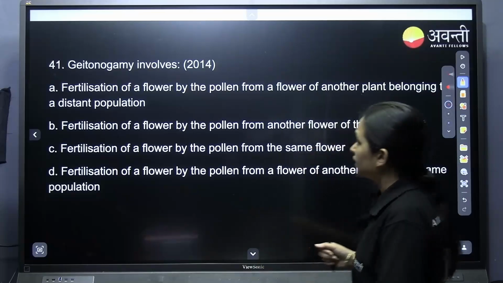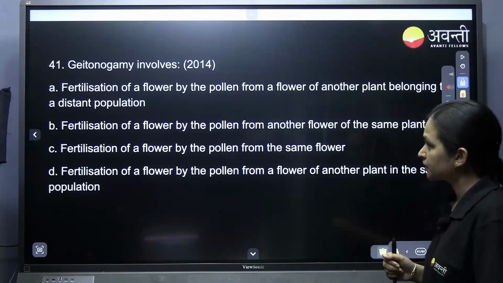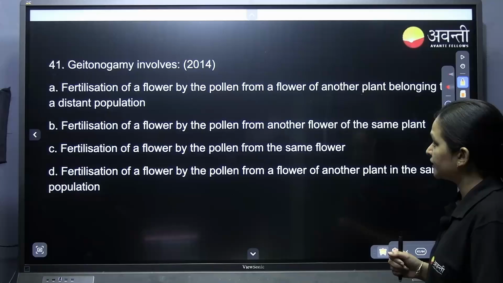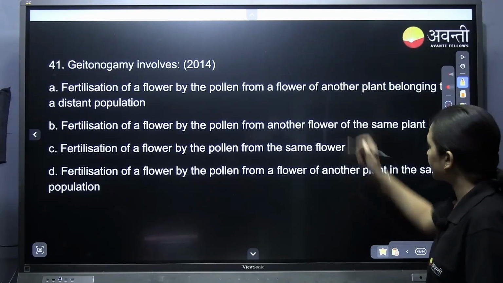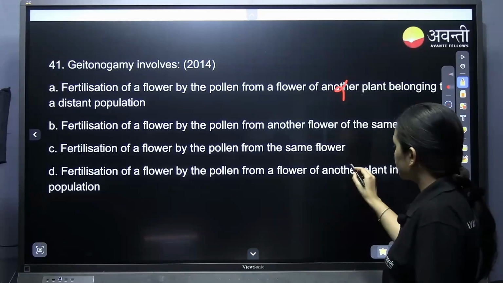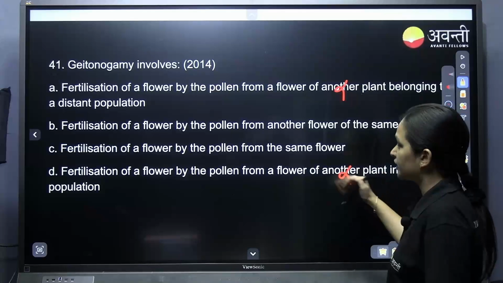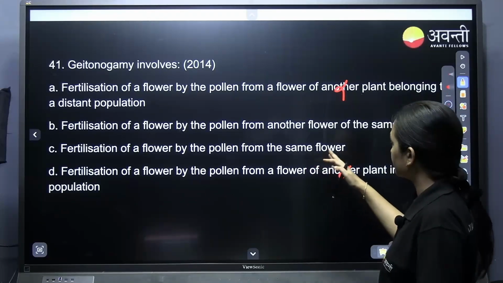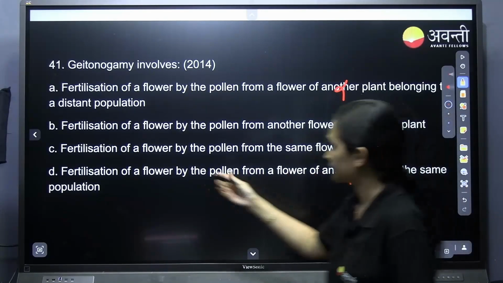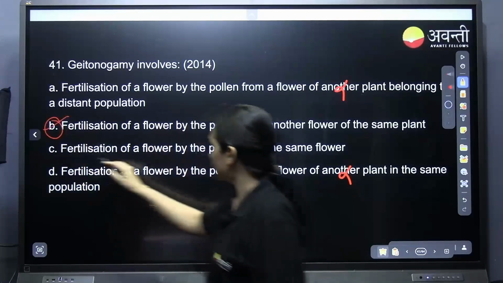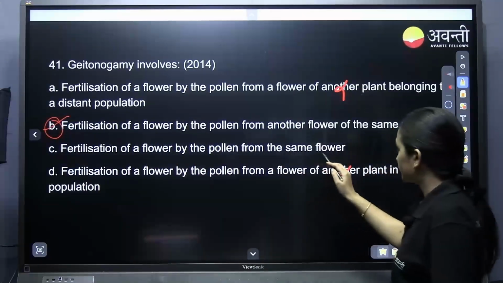Yes. Geitonogamy involves fertilization of a flower by pollen from a flower of another plant. No, that is not it. Fertilization of a flower by pollen from another flower of the same plant. Fertilization of a flower by the pollen from the same flower.